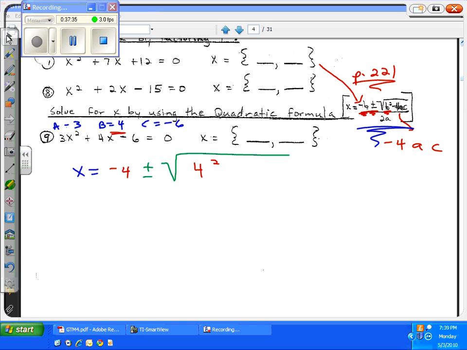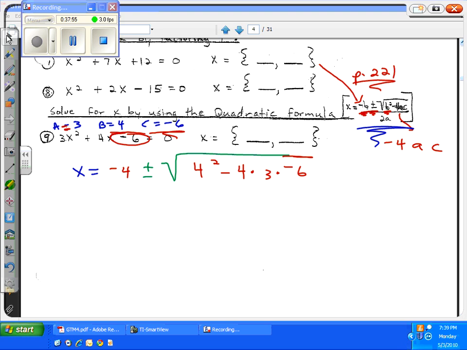And so we're going to have whatever B is squared minus 4 times my A of 3. That's a positive 3 times my C. Now we've got to carry that minus as a sign, so my C is negative 6.